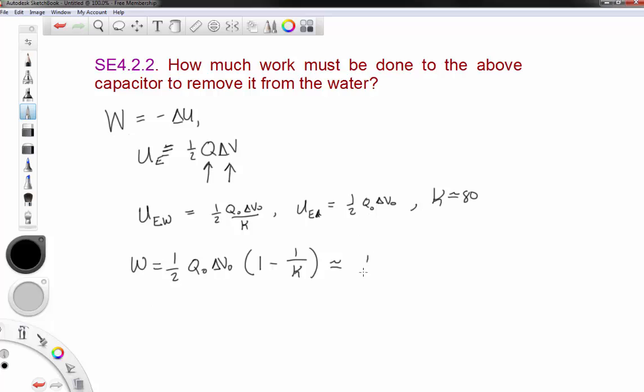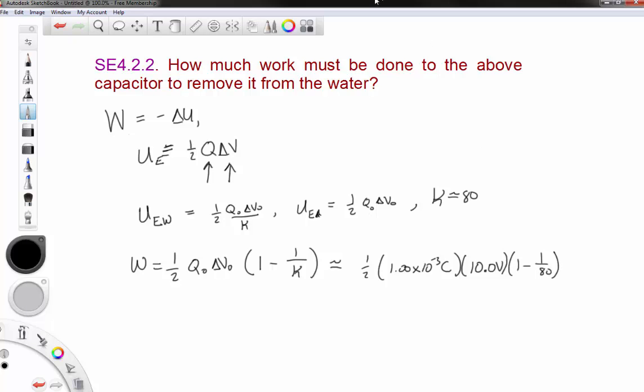basically 1/2 times Q naught again was 1.00 times 10 to the minus 3 coulombs. Delta V naught again was 10.0 volts, and we have 1 minus 1 over 80.